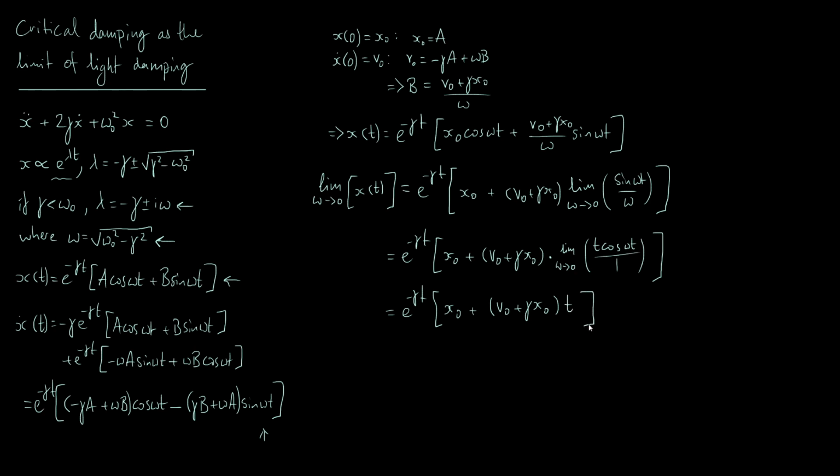Okay, and you may recall from last video we ended up with exactly the same result, right? This is the critically damped solution. So you can derive that critically damped solution either as the limit of the lightly damped case or as the limit of the heavily damped case, which is quite a nice result.